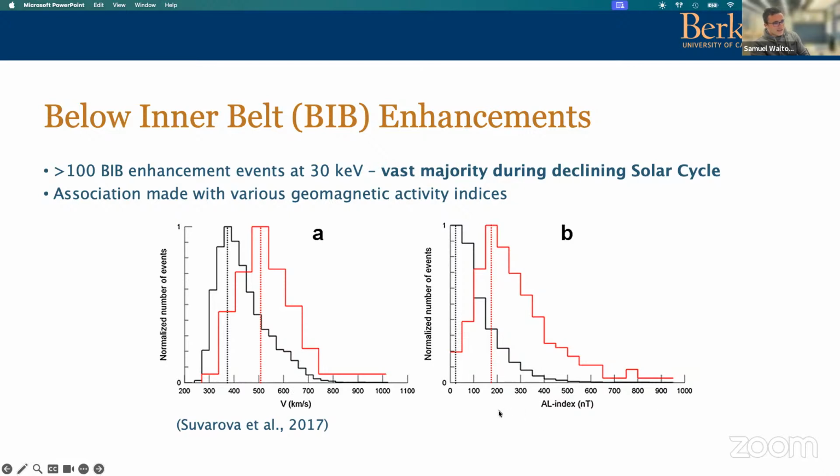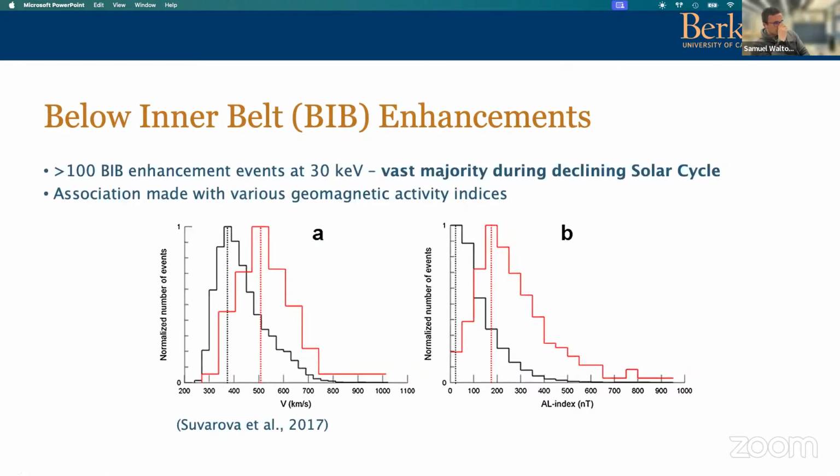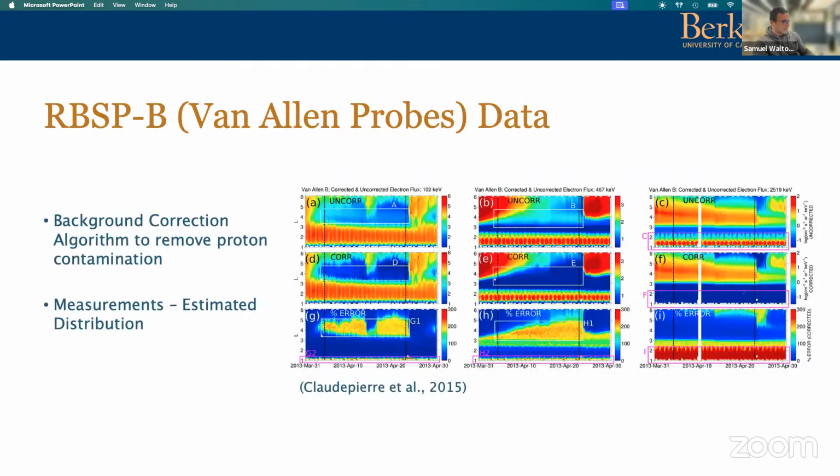And the same with the AL index. So these kinds of events, not too much work has been done on them, but they are somewhat associated with geomagnetic activity, and there are a few observations of a maximum of 200-ish keV that has been observed to get below the inner radiation belt.